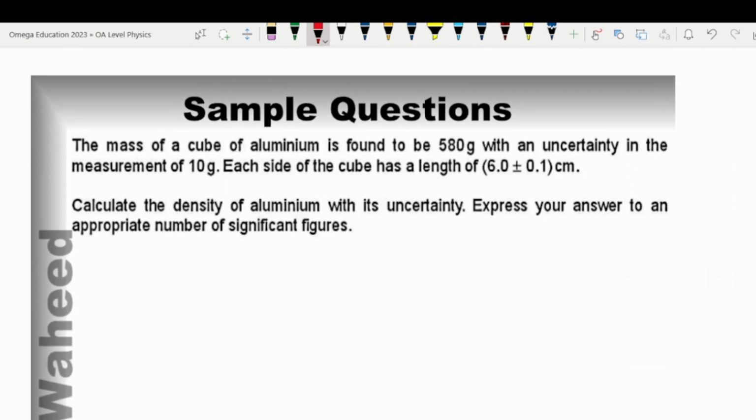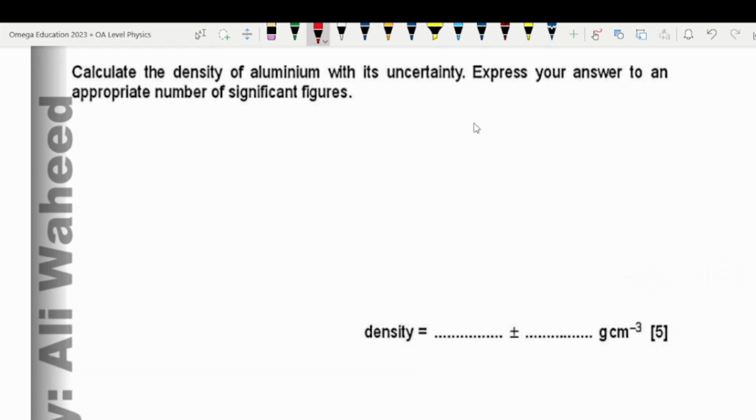Alright, so let us solve another sample question. This is from a very recent past paper. The mass of the cube of aluminum is found to be 580 grams. Let's not convert into kilograms because the density has to be calculated in grams per cubic centimeter, so we'll leave it as it is.